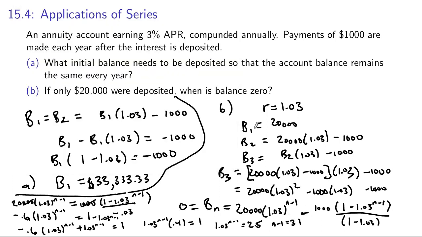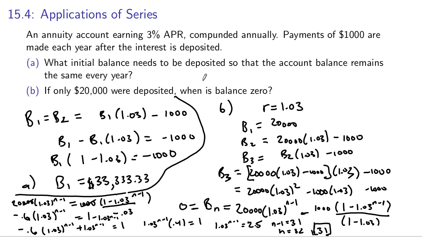What we need to remember here is n minus 1 lines up with our Bs, but B sub 1 is the balance when we start, which is at the beginning of year 1. So if we're thinking about the total number of years, we need to think about n minus 1. n is 32, but because our first n is 1, 32 minus 1 is the number of years, or 31 years.